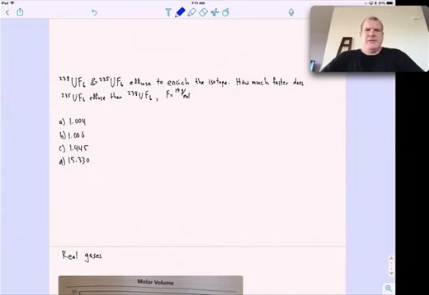Okay, so why do we care? If you dig up uranium from the ground here on Earth, it is about 0.7% uranium-235 and 99.3% uranium-238. Uranium-235 is the one that can be used as a fuel.